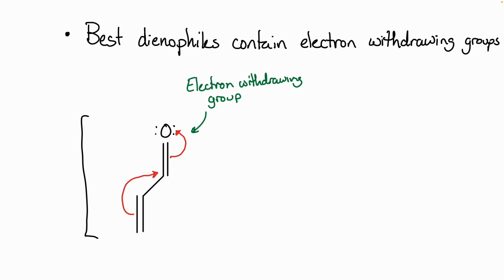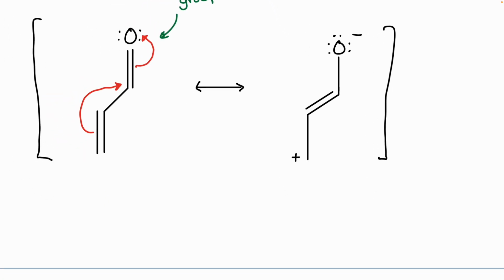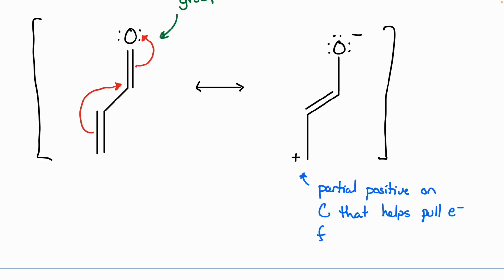All right, so if we do our resonance jumps here, following our electron pushing arrows, our other resonance contributor has this partial positive charge on that carbon that will help pull electrons from that conjugated diene.